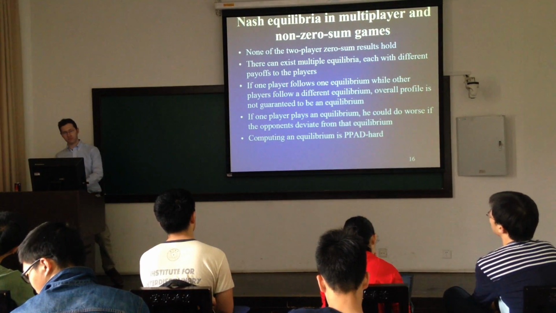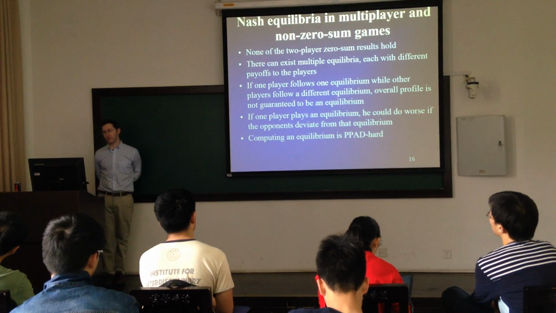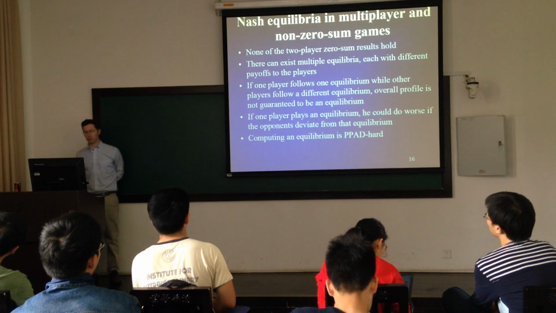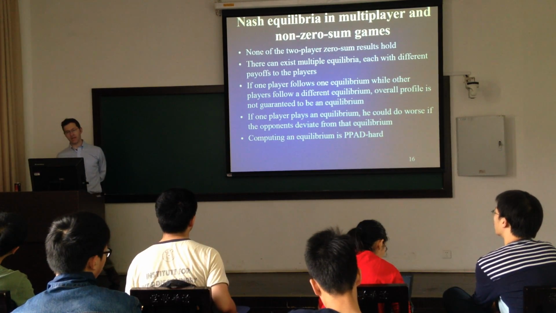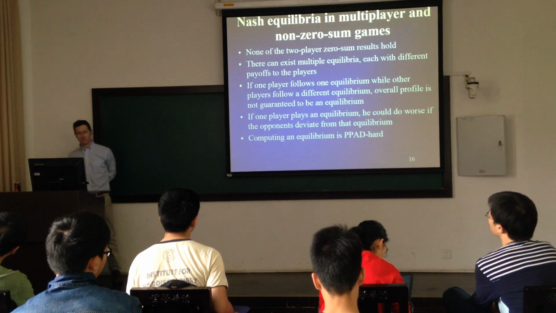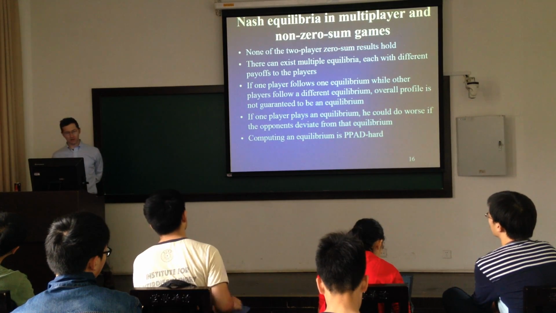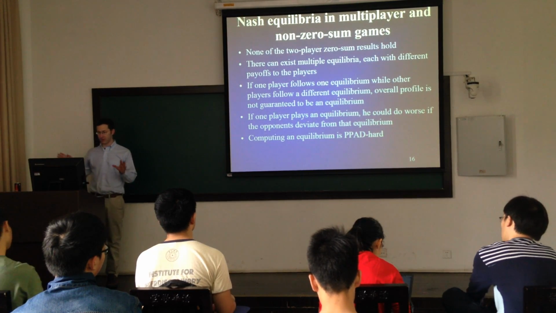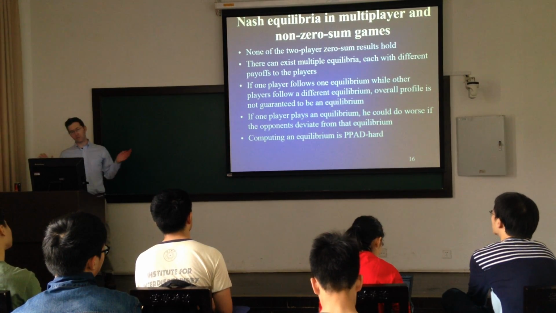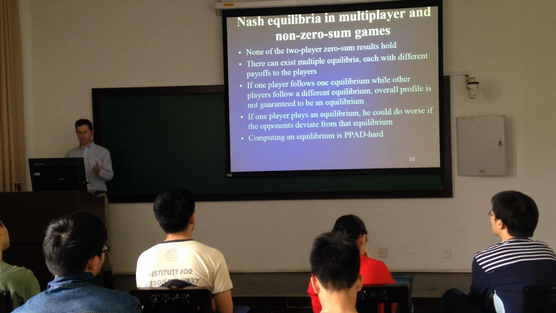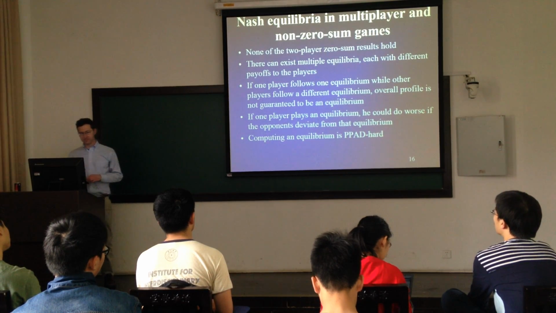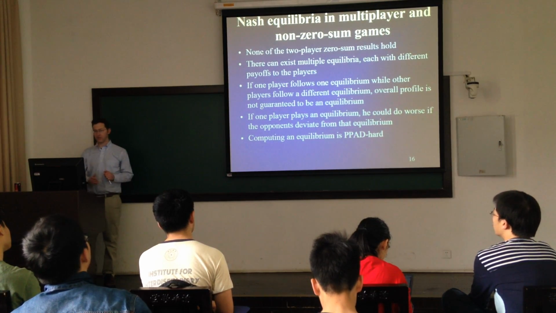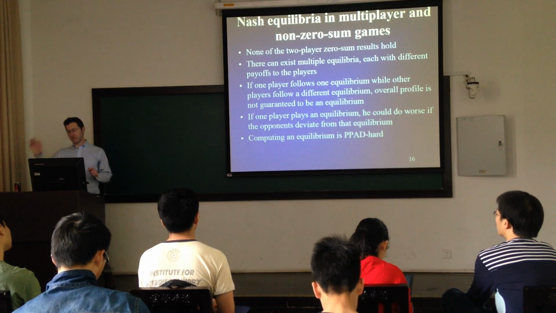Now, in other games, pretty much none of those results hold if it's not zero-sum or if there are more than 2 players. There can be multiple Nash equilibria, each with different payoffs to the different players. We can also have the following: if one player follows one equilibrium and the other players follow a different one, then the overall profile may not be a Nash equilibrium, while it would be in a two-player zero-sum game. Furthermore, if one player plays an equilibrium, he could actually do worse if one or more opponents deviate from that equilibrium.